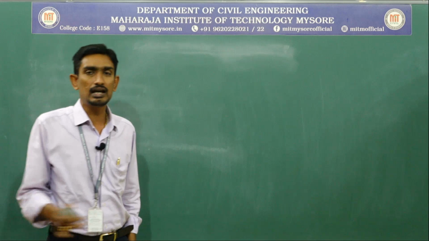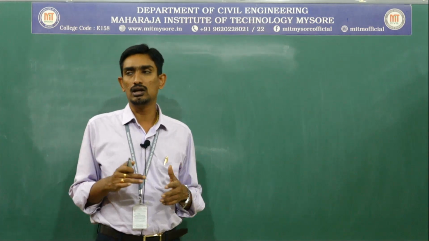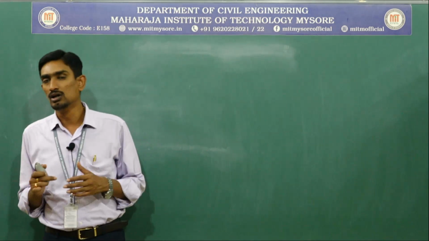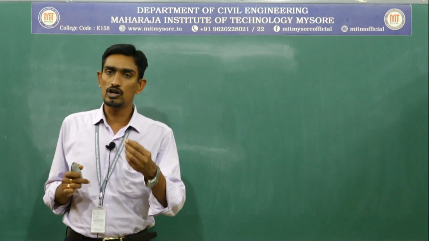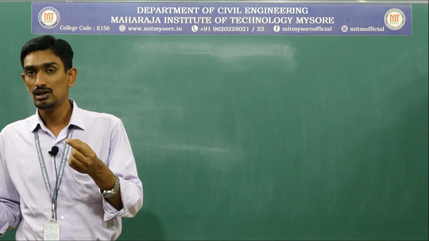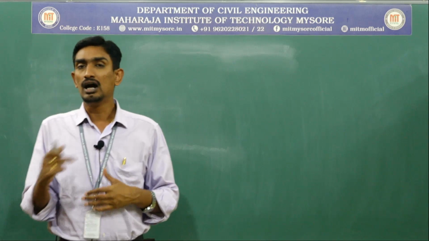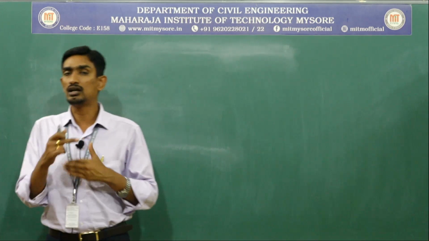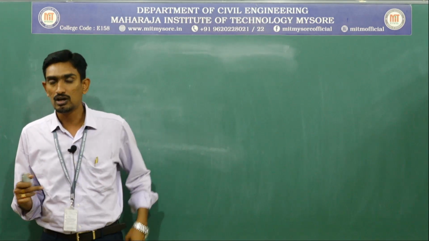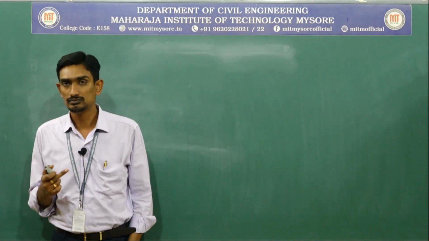A ball mill is a device or machine, a huge steel drum. Inside it we put steel balls of various sizes, and we make the drum revolve or rotate.